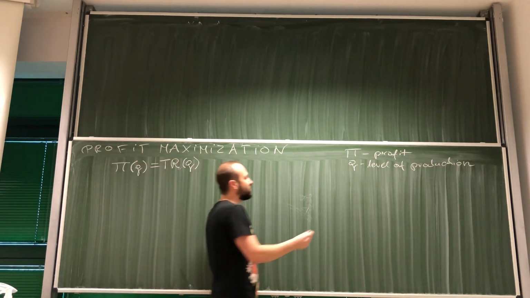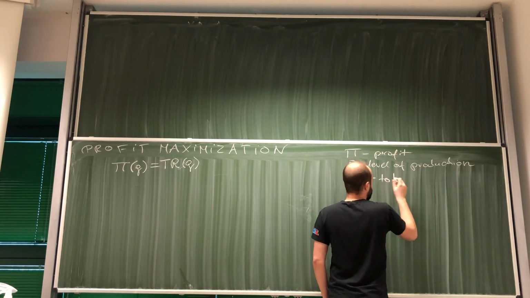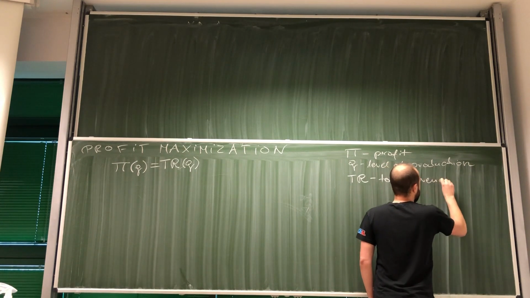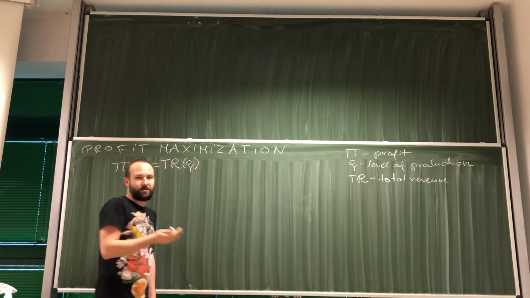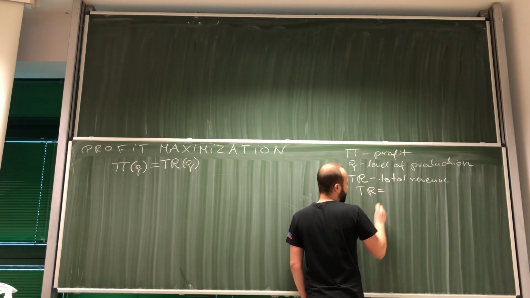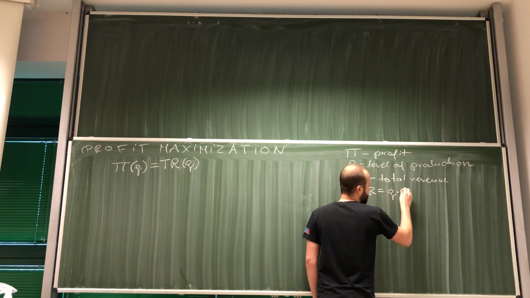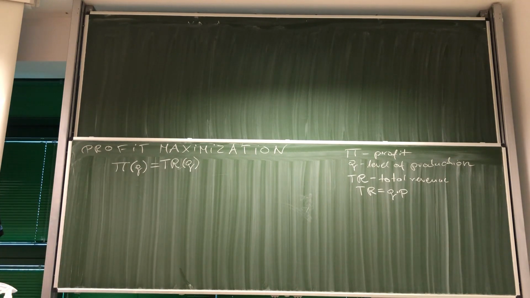So we've got the total revenue denoted by TR. And please remember also that we can easily find total revenue because total revenue is nothing more than quantity sold times the price at which this quantity was sold.